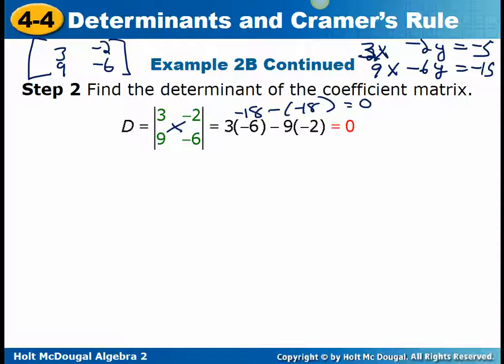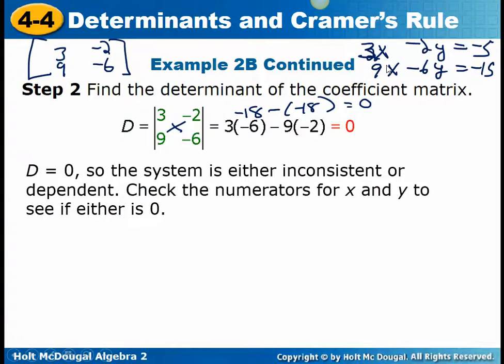Now remember, something special happens when you have a determinant equal to 0. It means that we're either going to have infinite solutions or no solution. So we have to continue a little bit farther and find out whether or not we get a 0 when we do our next determinants.